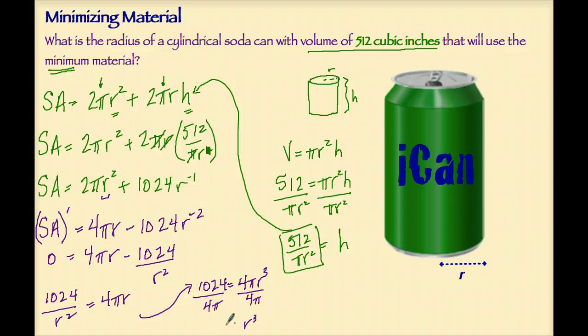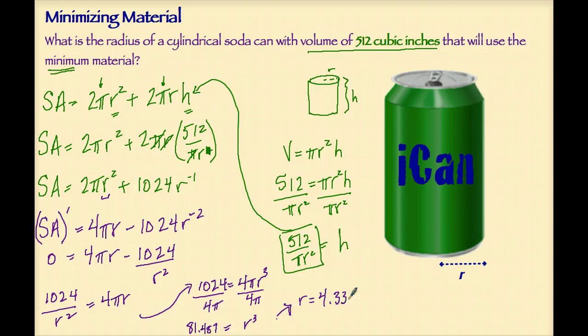This gives me r cubed equals 81.487. No nice little integers here for us. We're just going to have to deal with the decimal approximation. And then when I take the cube root of 81.487, r is equal to 4.355.